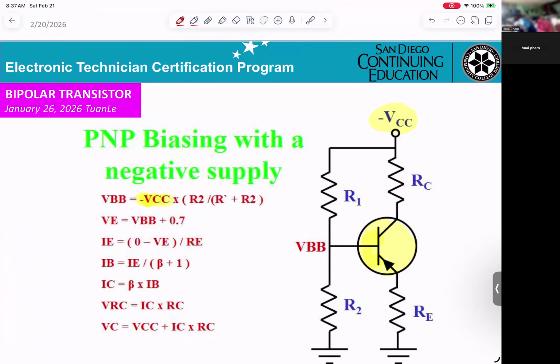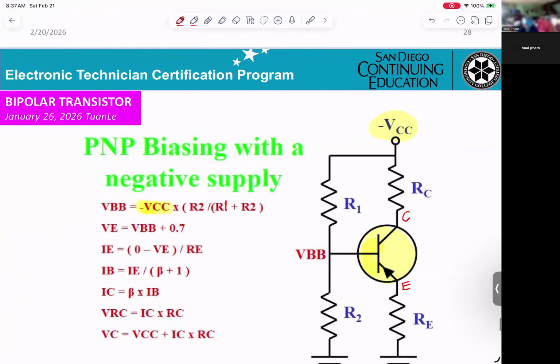That has to be R1 and E, so you know that will be E. That will be collector, that will be the base.